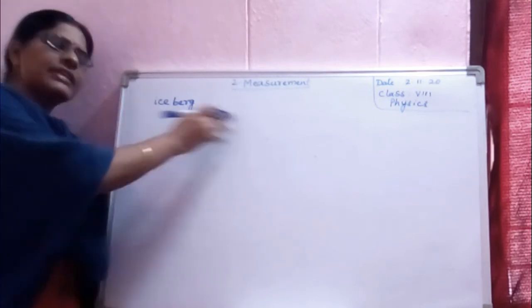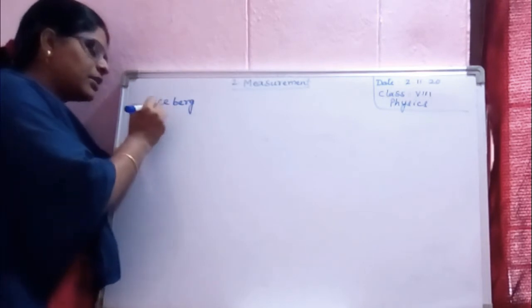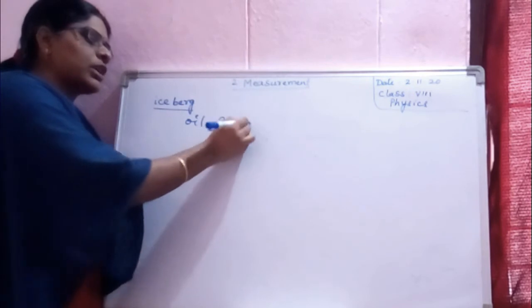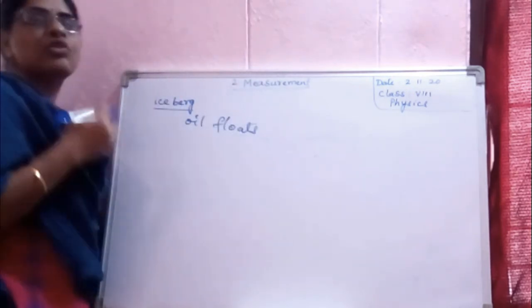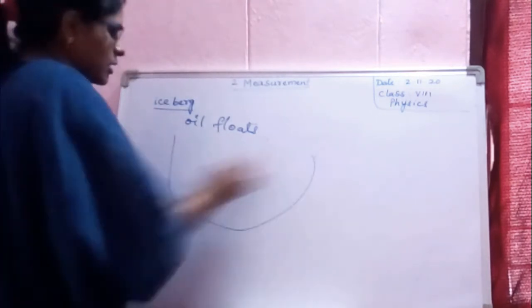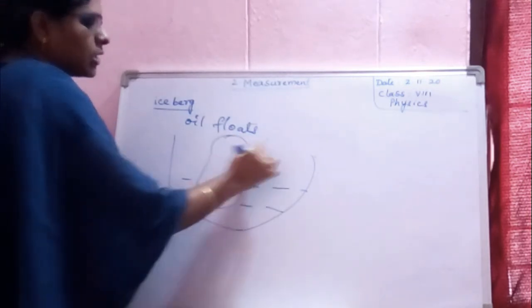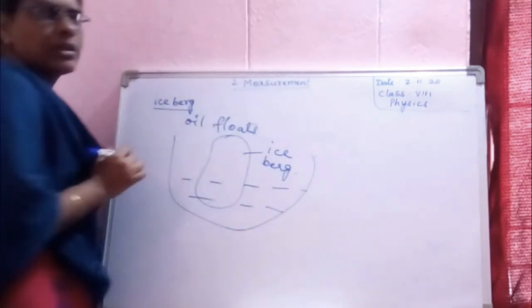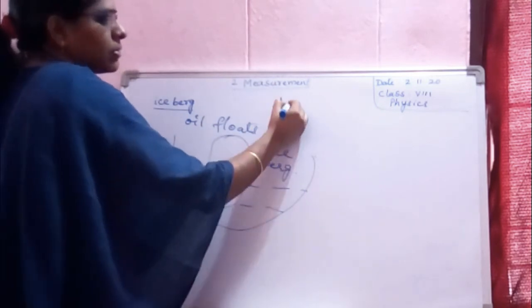Why does an iceberg float on water? See here, you also observe oil floats on water. Yes or no? Iceberg floating on water. Say there is water and a large iceberg. It will be floating on water. Here, density. What is density?